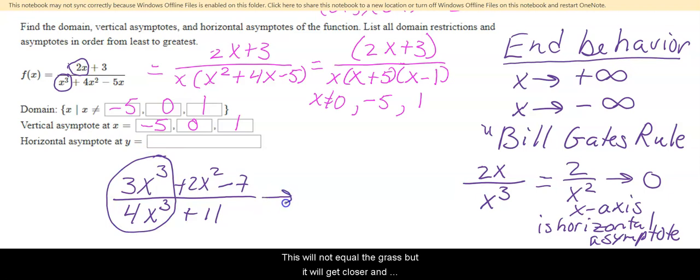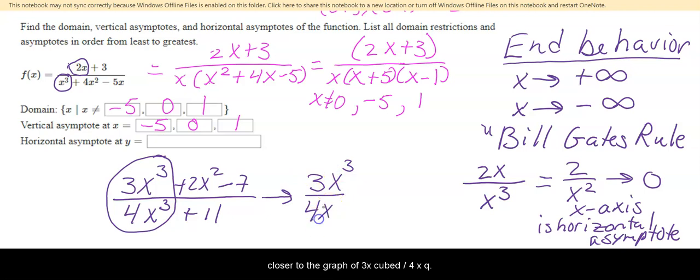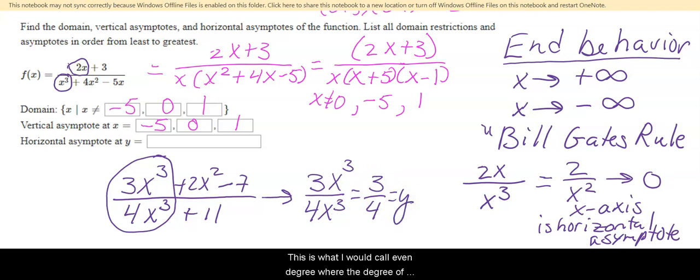This will not equal the graph, but it will get closer and closer to the graph of 3x cubed over 4x cubed, which approaches the horizontal line y equals 3/4. This is what I would call even degree, where the degree of the numerator equals the degree of the denominator. In this case, the horizontal asymptote will be the ratio of the leading coefficients.